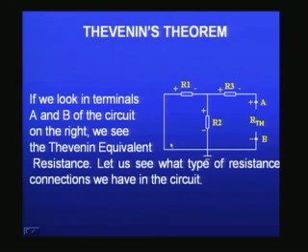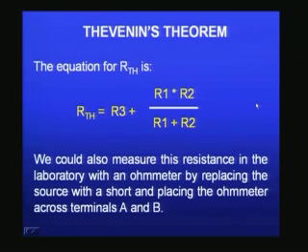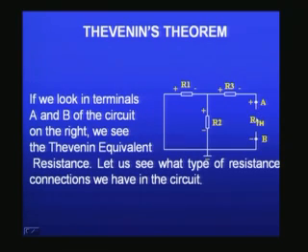So, this point is connected to the ground now, because we assume that voltage source to be an ideal voltage source, almost nil internal resistance, and therefore, you are left with only the 3 resistors R1, R2 and R3, and RL is removed here, and you have A and B terminals which is an open circuit situation, and therefore, if I measure using a multimeter the resistance between the 2 terminals A and B, that resistance will be the equivalent Thevenin's resistance. So, we have seen how we can measure the Thevenin's voltage and Thevenin's resistance.